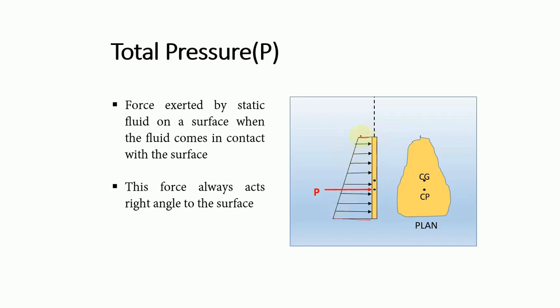Suppose we remove this pressure distribution and keep an equal amount of force, that is P. This pressure distribution is a 2D view, but in 3D it has some volume.